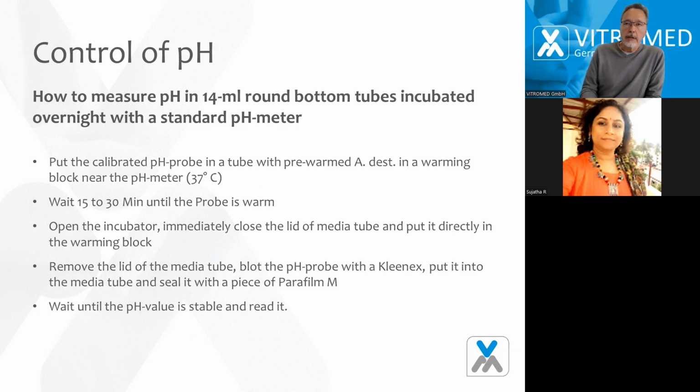And if you get into this tube, out of the incubator that is warm, 37 degrees, with a cold pH probe, this is not good because it will be cooled down very quickly, and then maybe you get a wrong value because pH is temperature dependent. This is very important. For this, always during the measurements, keep your probe warm.